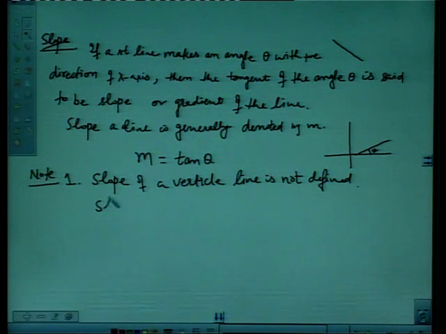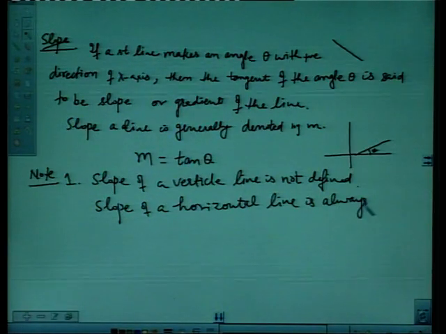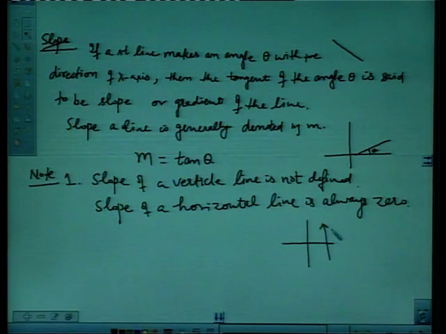Number 2, slope of a horizontal line is always 0. Means slope of a vertical line is not defined and slope of a horizontal line is always 0.